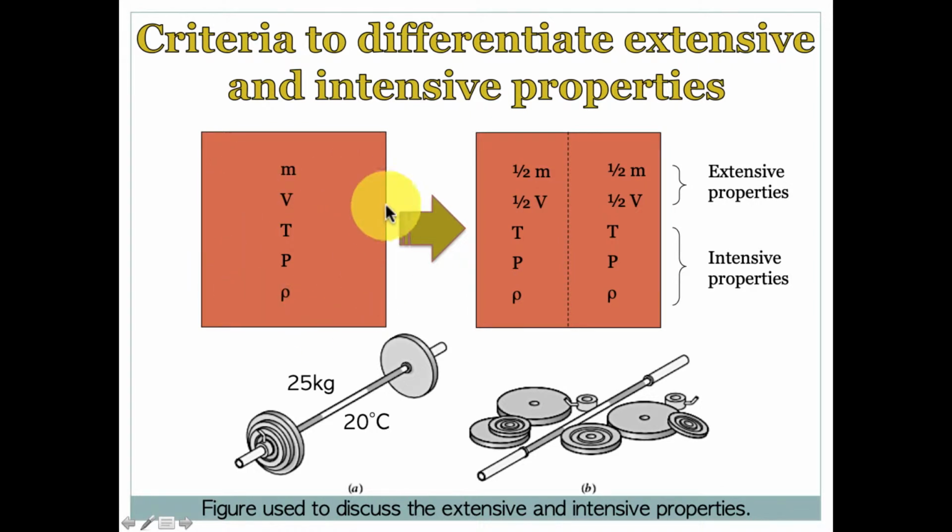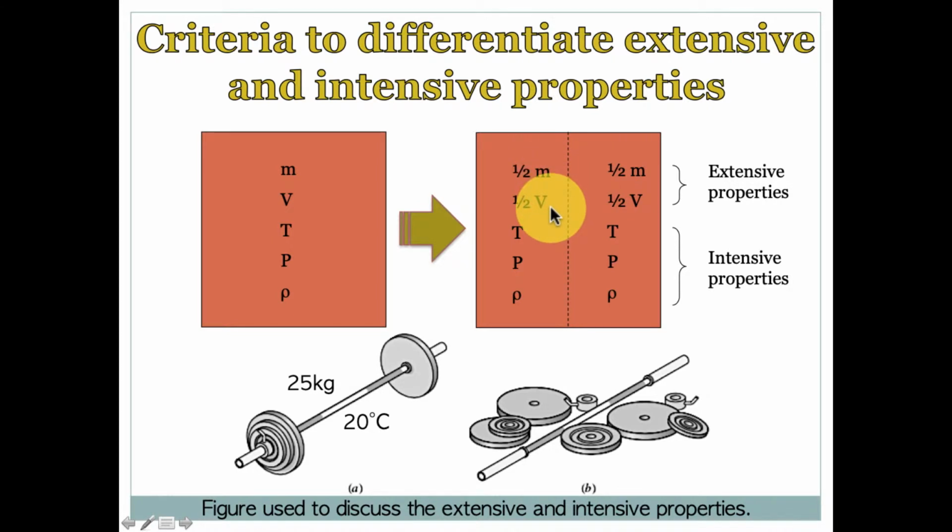These are the properties in a system that commonly can be understood: mass, volume, temperature, pressure, and density. Which one of those properties is extensive and which is intensive?